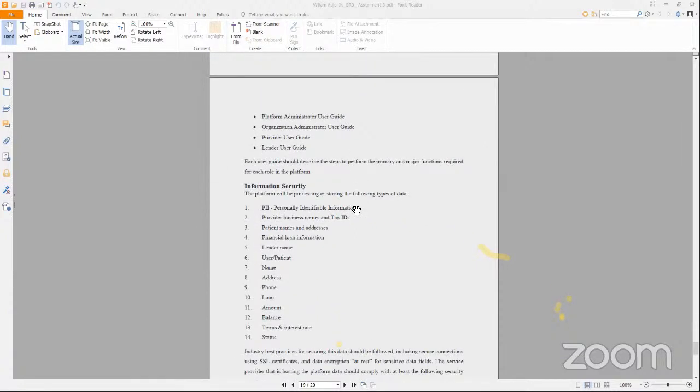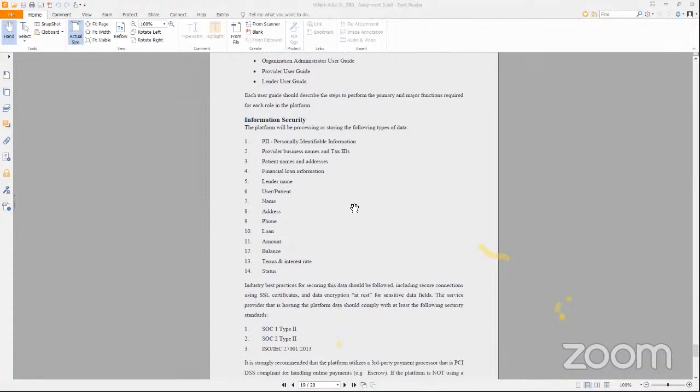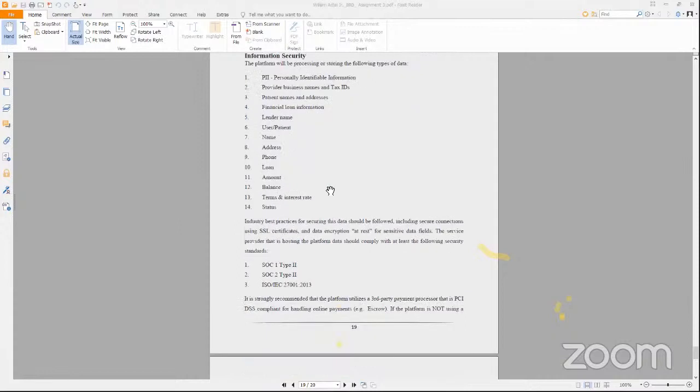We have our information security over here, because the platform will be storing very sensitive information, such as the personally identifiable information of the various users, and other vital information.